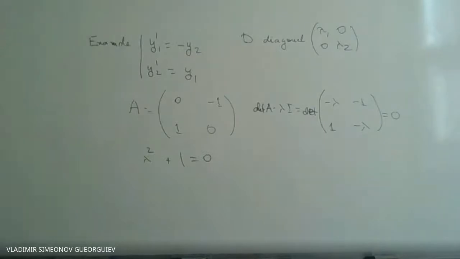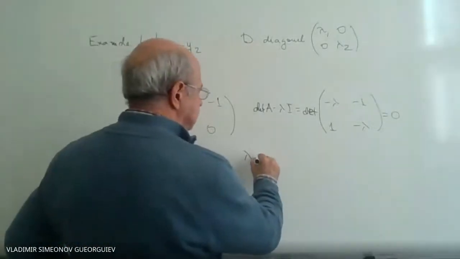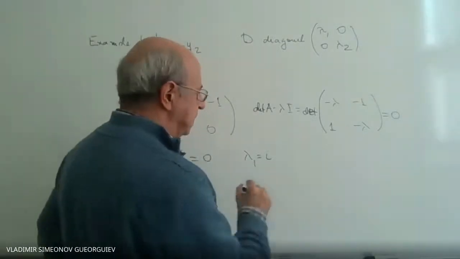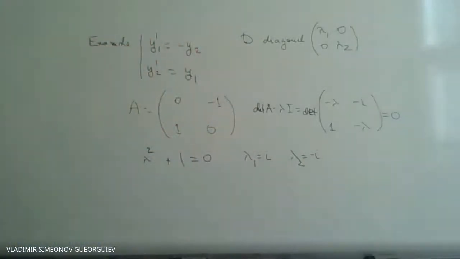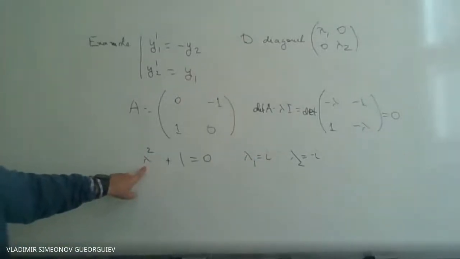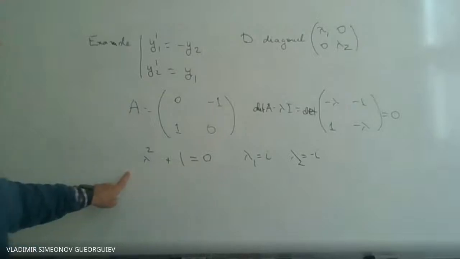As you can immediately see, you have no real roots, but you have lambda 1 equal to i, and lambda 2 equal to minus i. So you have two complex roots. Remember that i squared is minus 1, plus 1, so this is one solution.